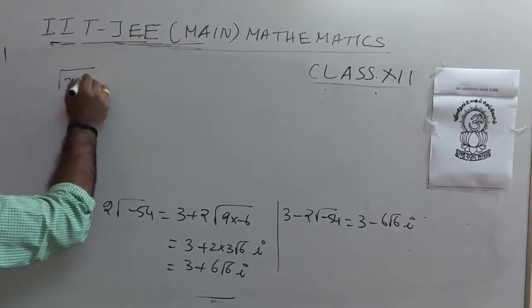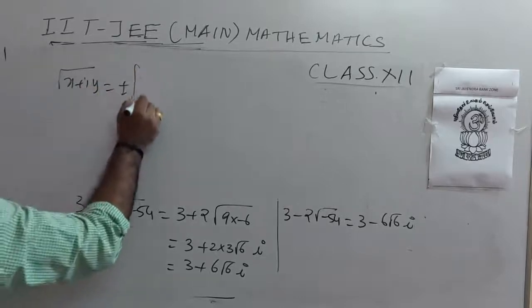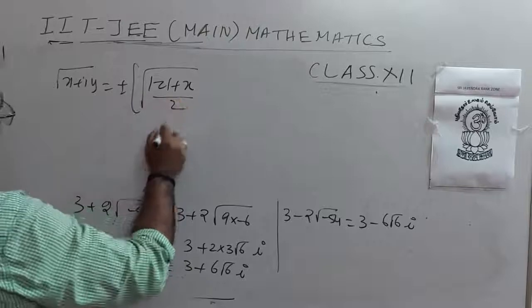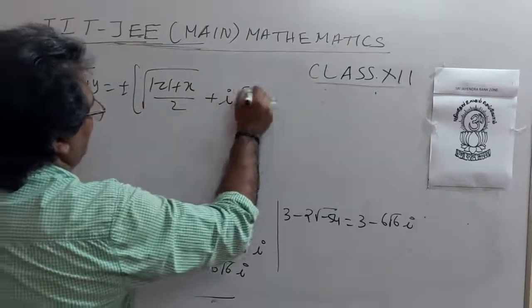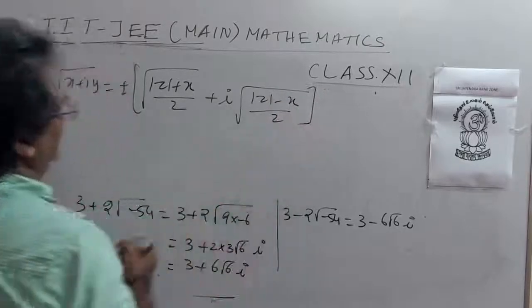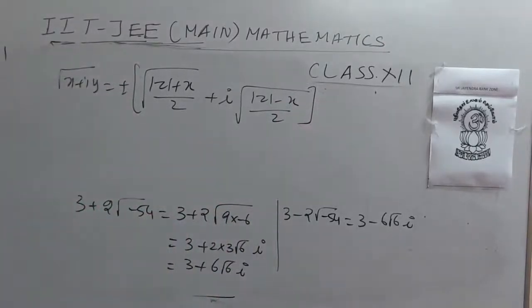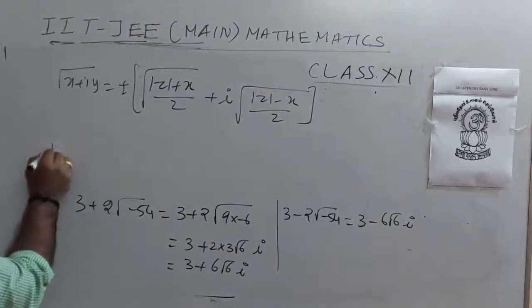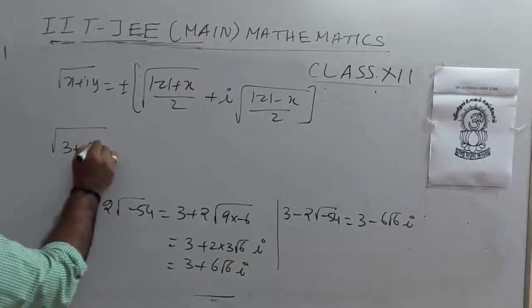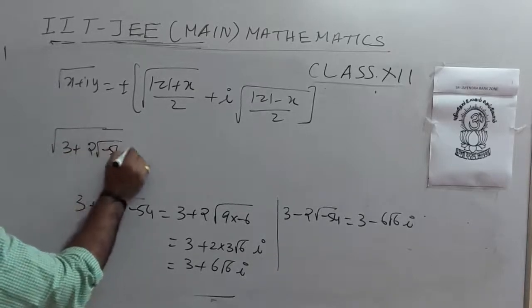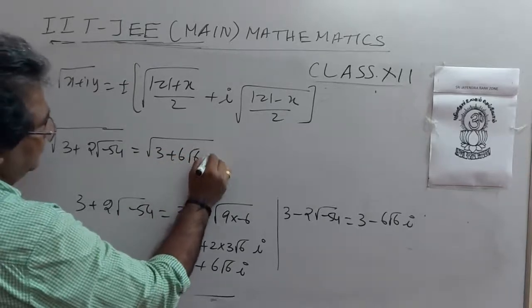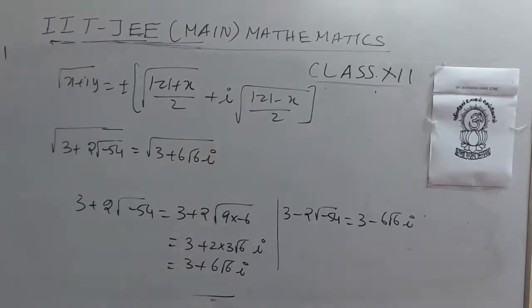Root of x plus iy equal to plus or minus root of (modulus z plus x)/2 plus i into root of (modulus z minus x)/2. Using this, root of 3 plus 6 root 6 i.